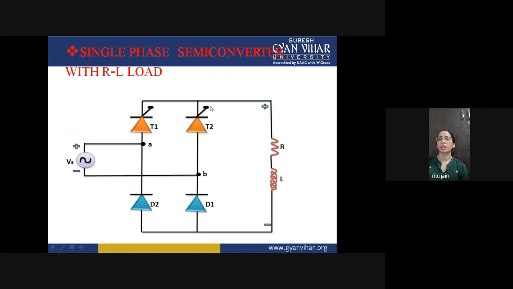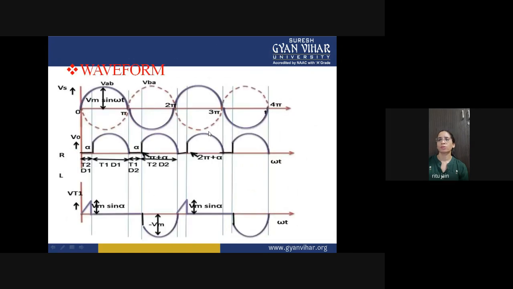Now we will apply a gate pulse at the terminal of thyristor T2. So what is happening? T2 and D2 are conducting, and this is your delay angle alpha. So instead of at pi, the SCR will start to conduct at pi plus alpha. So you are getting output voltage from pi plus alpha to 2 pi.